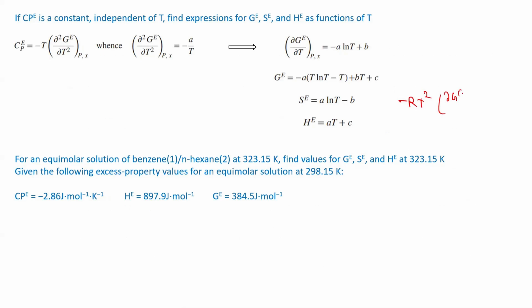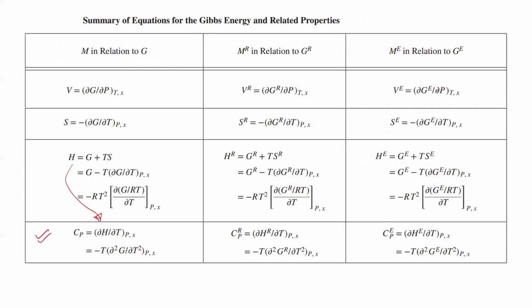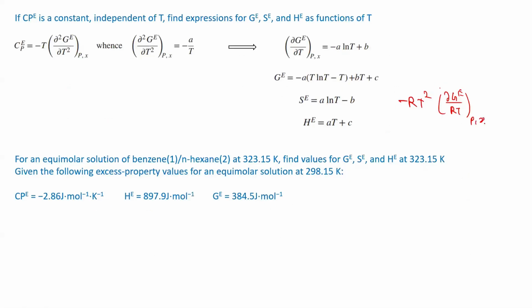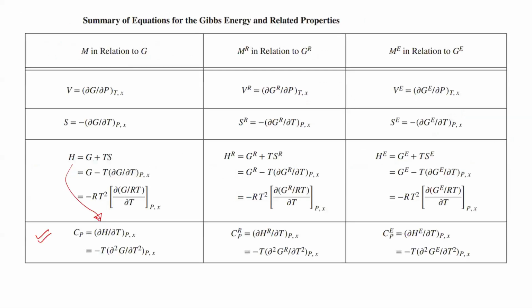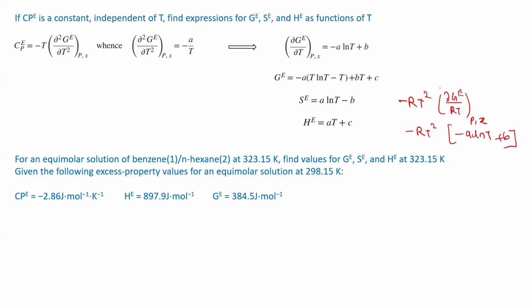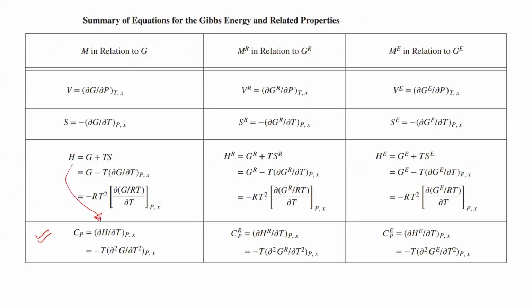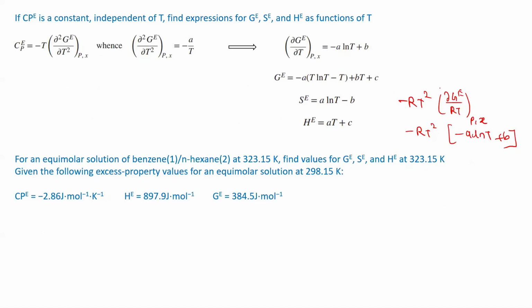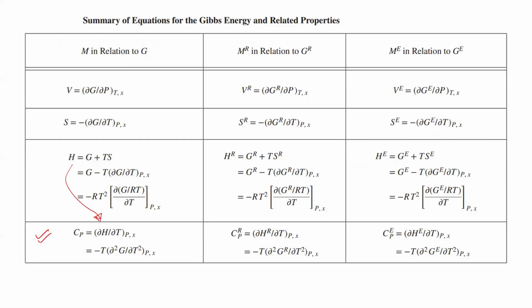So minus A ln T plus B. You can see this is all dou G by dou P here.